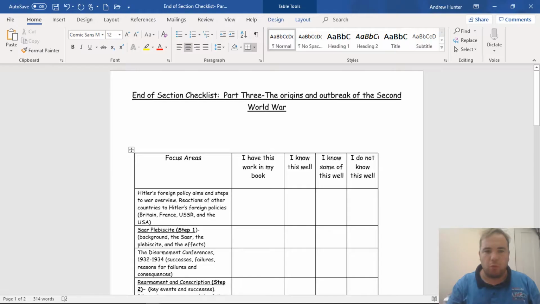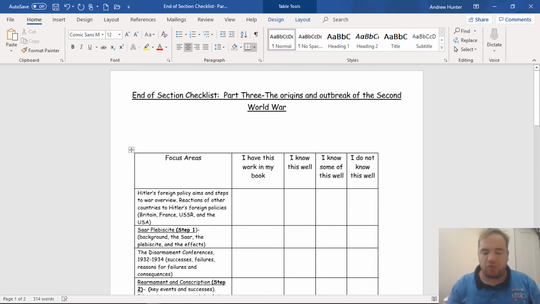But first of all, and this is really important, you've got an end of section checklist which is attached to your frog entry, all geared around this part of the course. I want you to go through each one and, like you've done on the others, do a little bit of a subject knowledge audit, looking at if you have this work in your book and how well you know this.